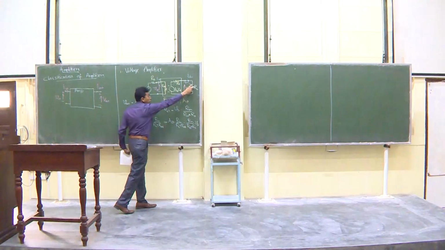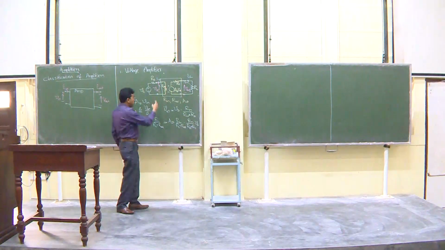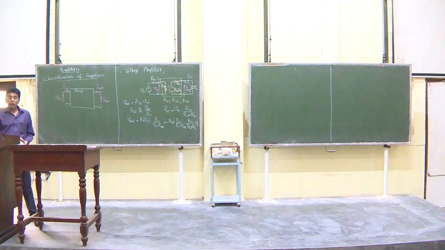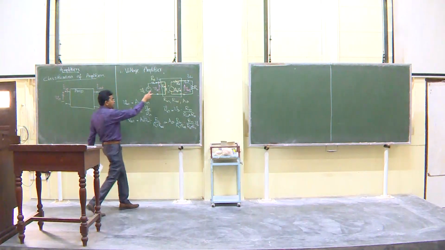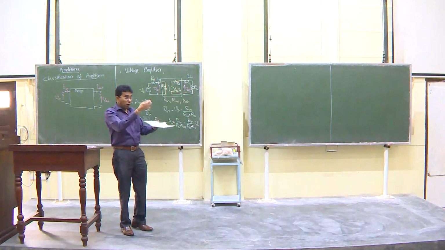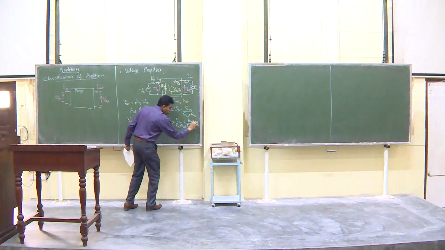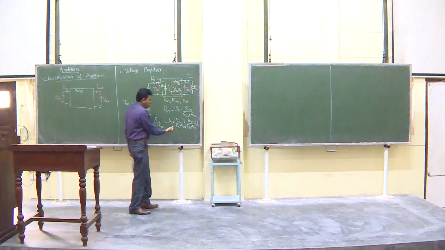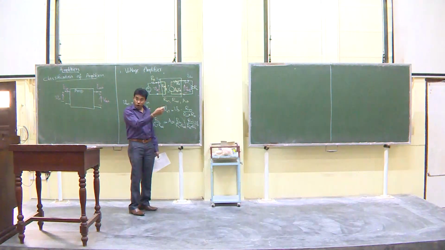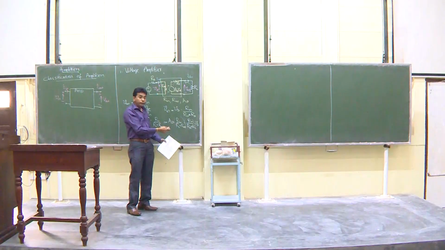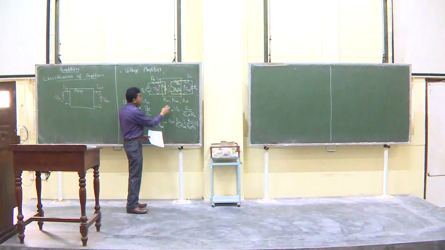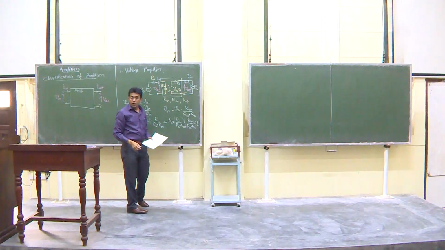One, due to the loading effect of the output resistance. Two, due to the loading effect of the input impedance. Now, if I want an ideal voltage amplifier, would I like this R in to be very small or very large? I want this factor to be very close to 1 and this factor to be very close to 1. We have already looked at how to make this close to 1. If R out is 0 or very small compared to RL, then almost all the voltage will appear at the output.